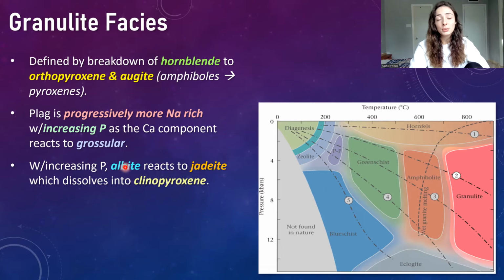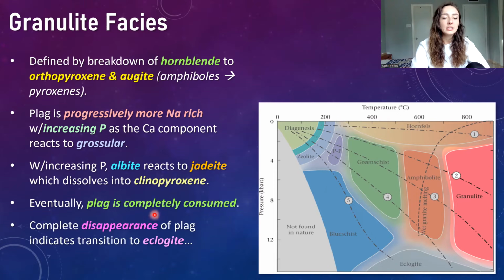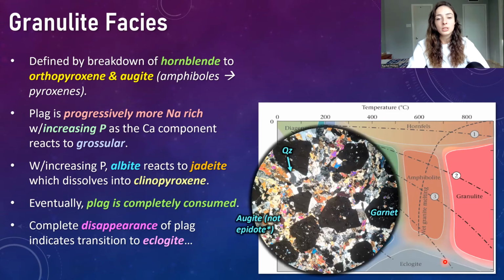Then that sodium-rich plagioclase, or the albite, goes into jadeite, which is a pyroxene, which then dissolves into clinopyroxene. And so we're all coming back to augite here. Plagioclase eventually gets completely consumed and converted all the way to clinopyroxene, or augite. And the disappearance of plagioclase marks the transition into eclogite, or the eclogite facies at really high pressures.